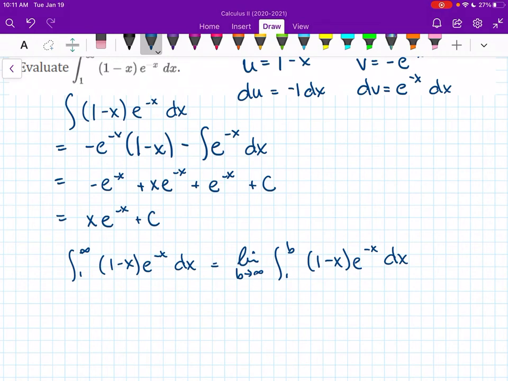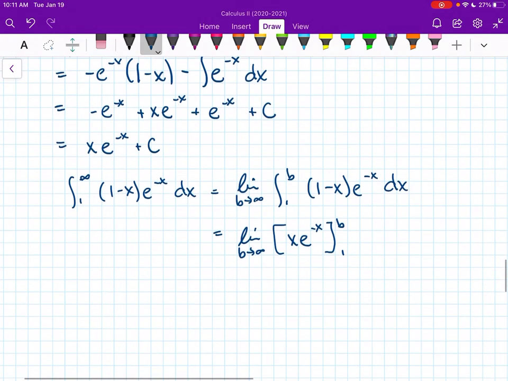And so then I already know the antiderivative of that, so that's going to be the same thing as the limit as b approaches infinity of x e to the negative x. I don't need the plus c now because I have bounds from 1 to b.